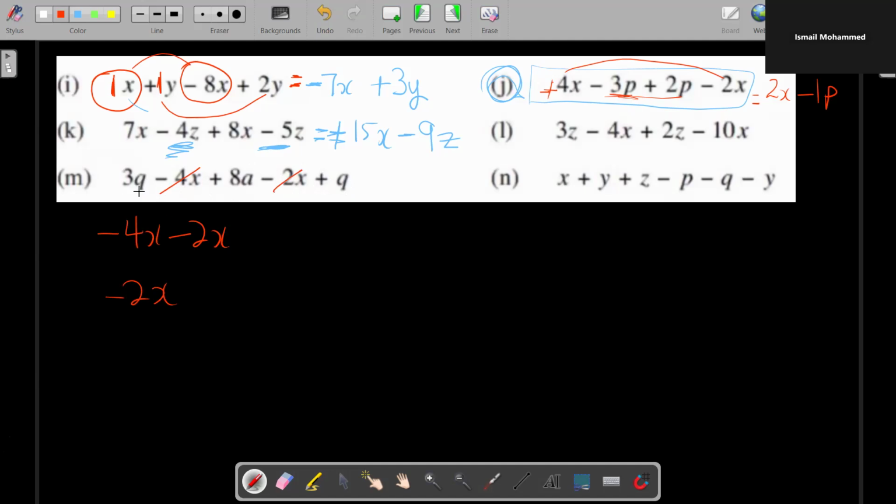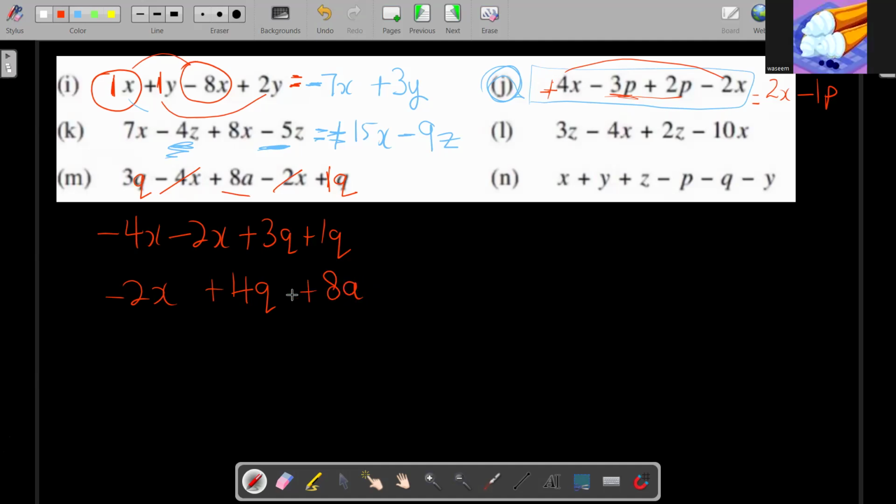So it is 3p. This is Q as well here, so this is 1Q. So 3 plus 1 is 4Q, and what else? Plus 8A.